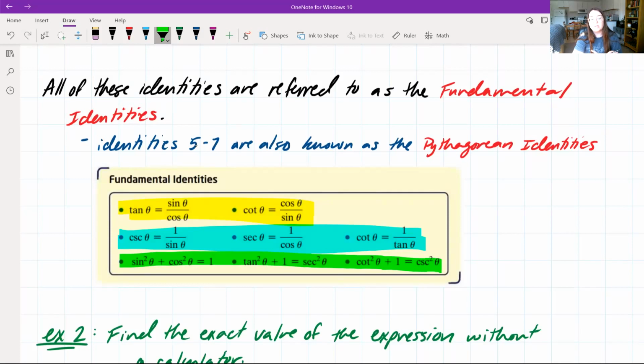But altogether, these are fundamental identities. These are going to be the important identities that we need to remember moving forward so that we can rearrange problems, solve problems a lot easier and a lot better, and things like that. So that's why we want to use these identities.